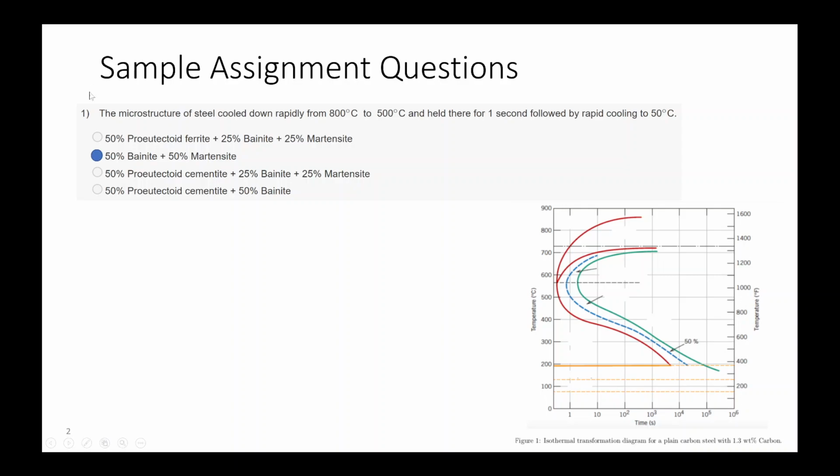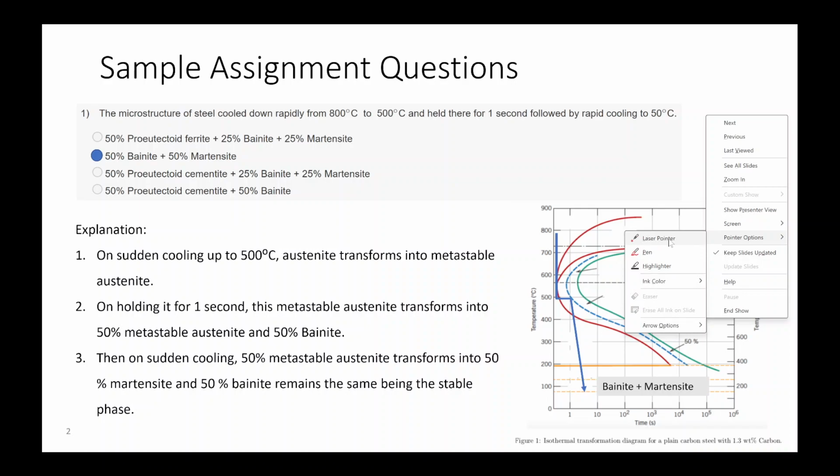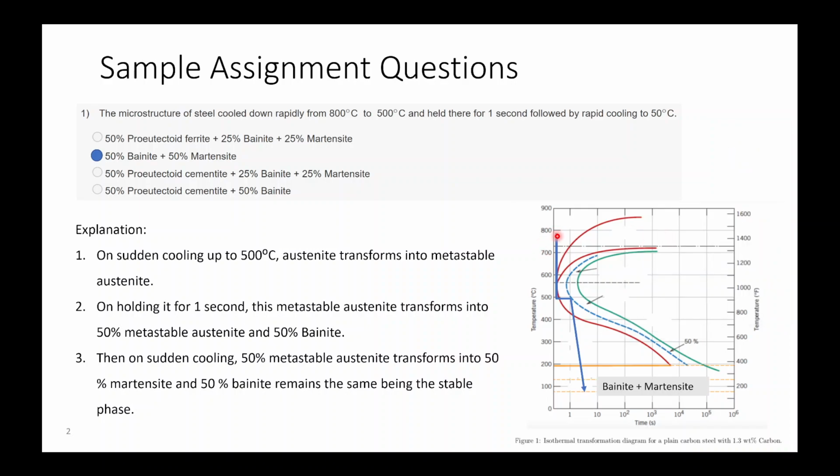For this, you have to draw a cooling curve on the isothermal transformation diagram, which can be done like this. You are rapidly cooling from 800 to 500, and rapid cooling won't change your microstructure. It will be austenite, which will be metastable because it is below the eutectoid temperature.